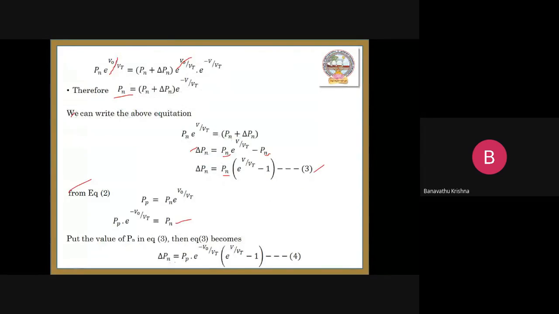Next, firstly we have seen that the hole current density is proportional to delta Pn. So here Ip is directly proportional to delta Pn. I know the delta Pn value from equation number 4, you can substitute that value here.